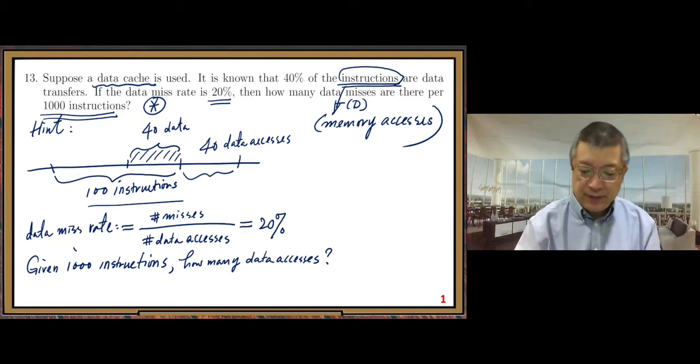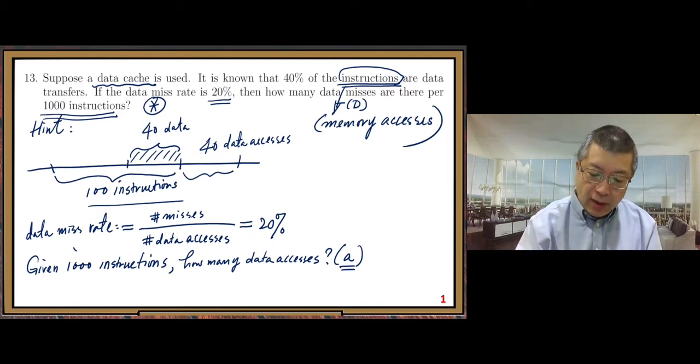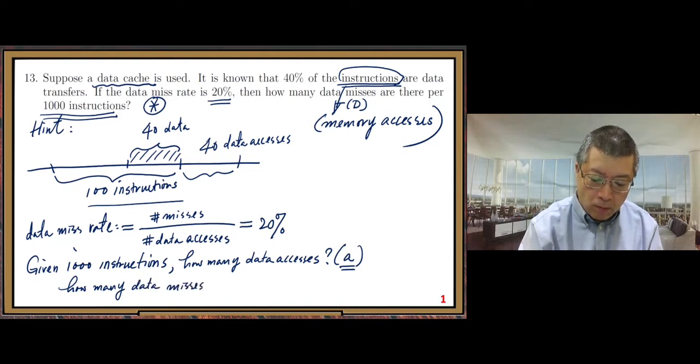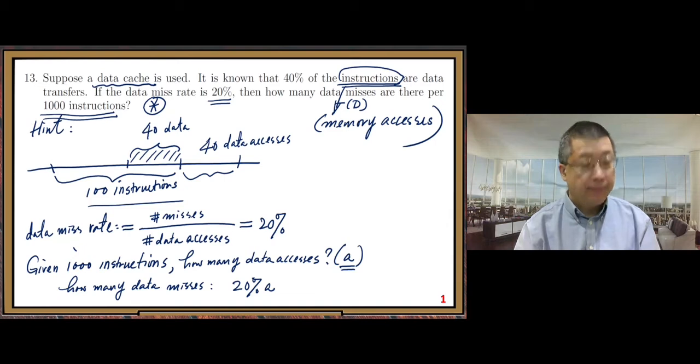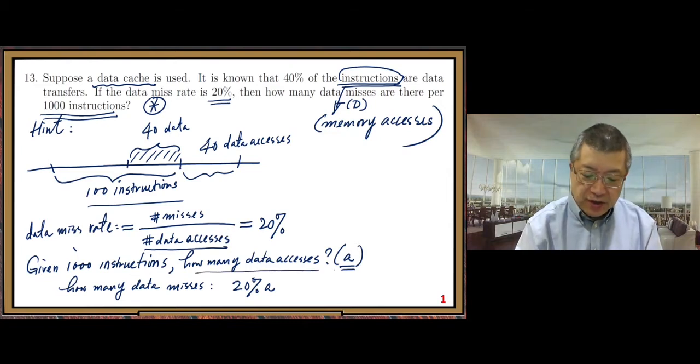You know that number, so let me call it A. Then how many data misses? 20% of A, because the number of misses over the number of data accesses corresponding to 1,000 instructions is 20%.